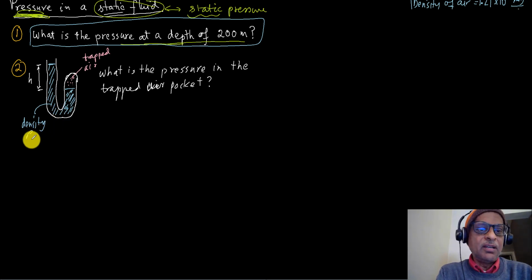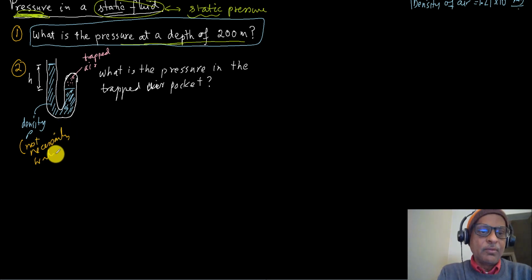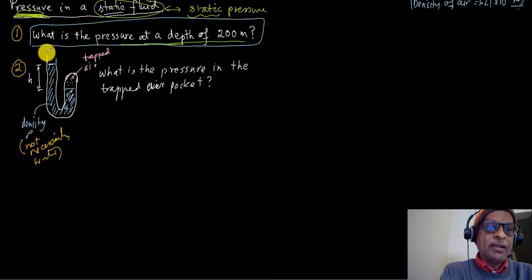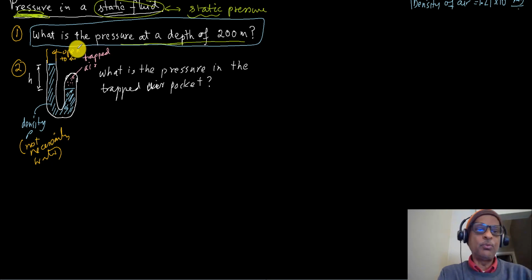This density is not necessarily water, but it can be any fluid. And this side is open. This is open to air, and we're supposed to find what's the pressure over here.